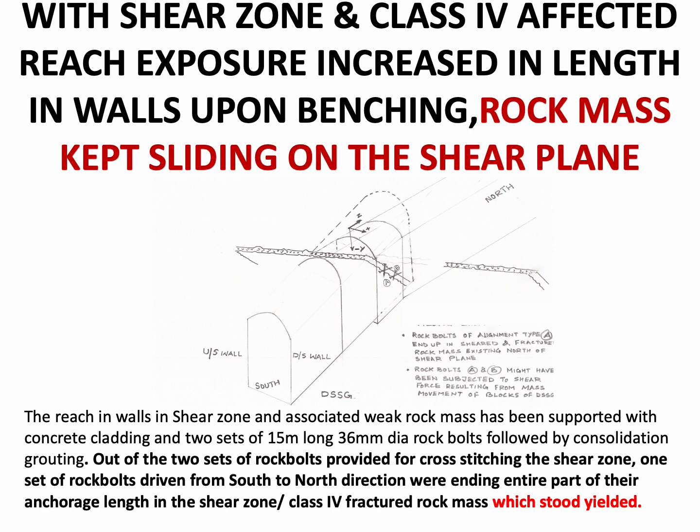The walls, the reach in the walls in the shear zone and associated weak rock mass had been supported with a concrete cladding and two sets of 15 meter long, 36 millimeter diameter rock bolts, followed by consolidation grouting. So designers had asked to provide these stitching rock bolts over a concrete cladding in the portion affected by the shear zone.